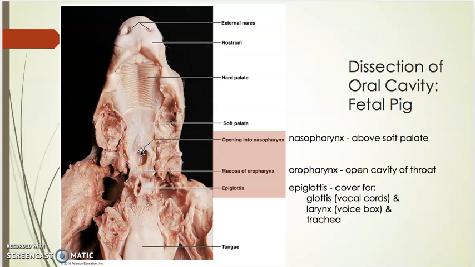In other words, that's the part of the cavity that can connect to the nasal cavity above it. The oropharynx is more general. The oropharynx is the complete open cavity of the throat. So if the oropharynx is general, the nasopharynx is a bit more specific. So here is mucosa all around the oropharynx, all around the throat. Here is the opening to a specific part, the nasopharynx.